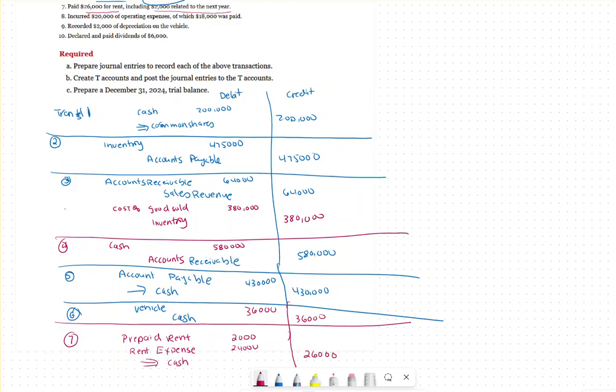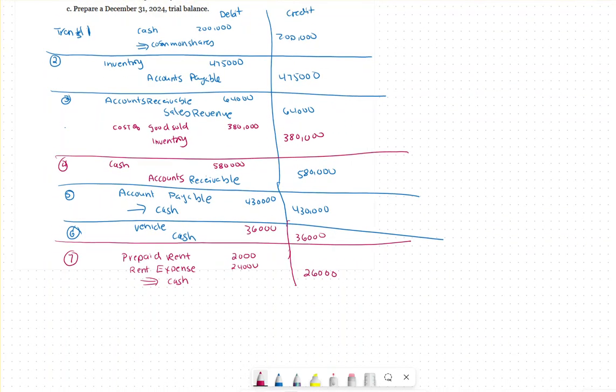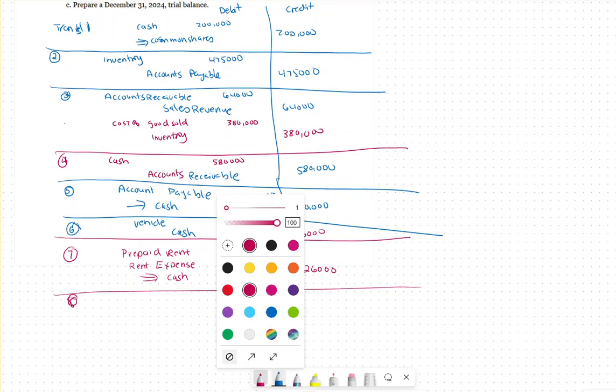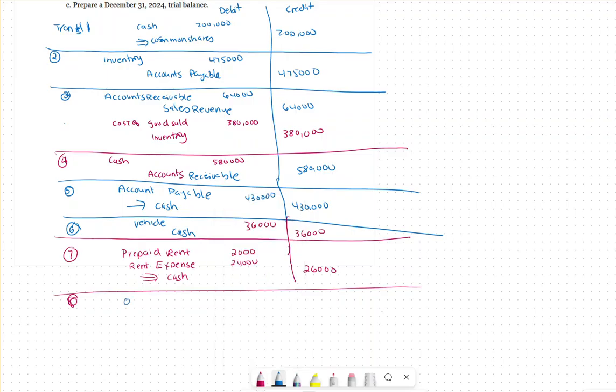Going further, we incurred operating expenses and 18,000 was paid. The other one we haven't paid. So my total expenses that we had was 20. So my first one is for my operating expenses, and my operating expense will be a debit, and operating expense was $20,000.